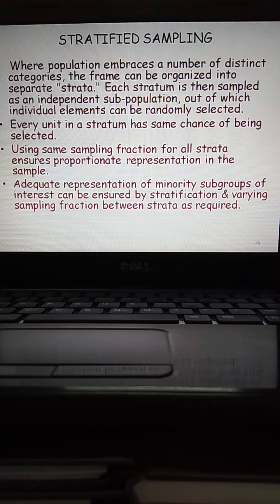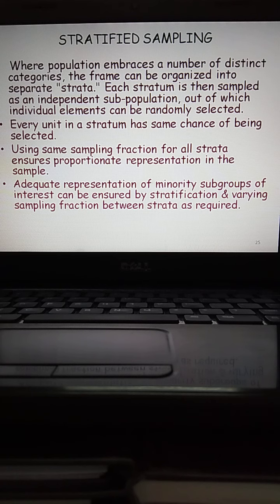So what is the third point? Using the same sampling fraction for all strata ensures proportionate representation in the sample. Adequate representation of minority subgroups of interest can be ensured by stratification and varying the sampling fraction between strata as required. So what do we call this?